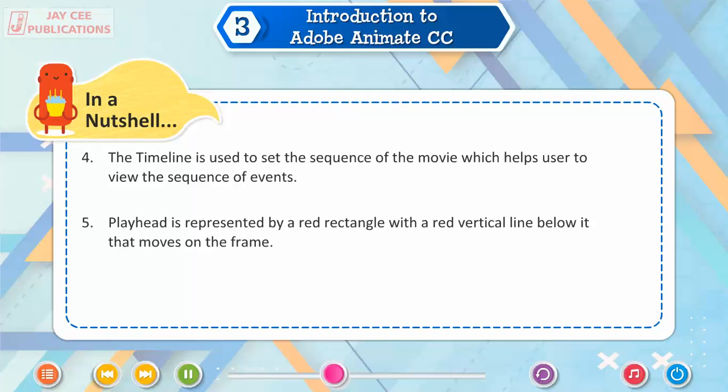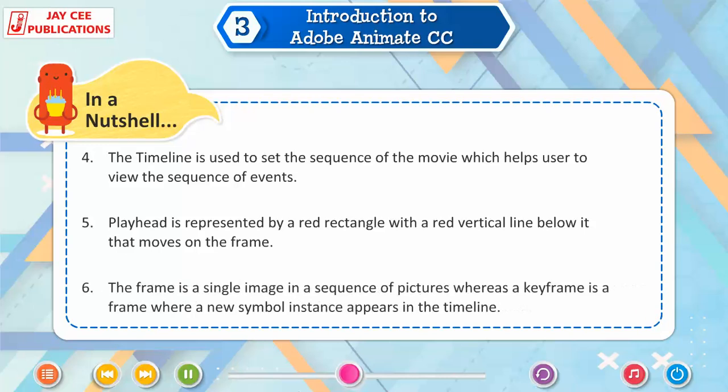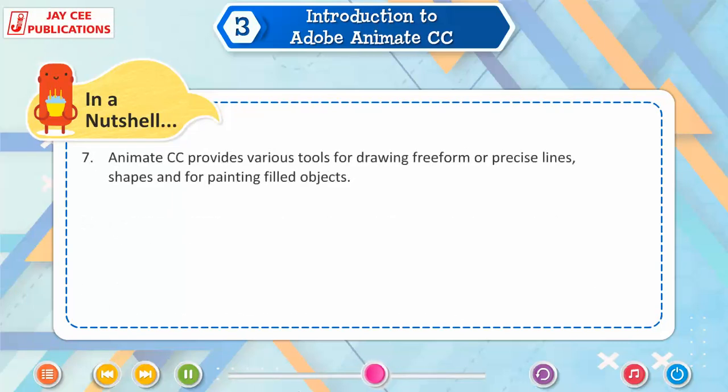Playhead is represented by a red rectangle with a red vertical line below it that moves on the frame. The frame is a single image in a sequence of pictures, whereas a keyframe is a frame where a new symbol instance appears in the timeline. Animate CC provides various tools for drawing free-form or precise lines, shapes, and for painting filled objects.